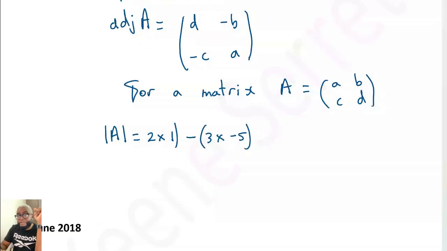I put these in brackets to show we need to multiply these two separately, right? And when you work it out, give me the answer. What is the determinant of A? What's the final answer? 17? Somebody second 17. Yes, I get that.